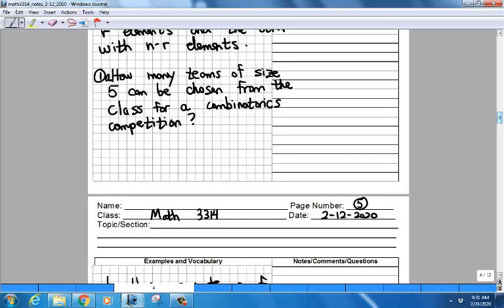How many teams of size 5 can be chosen from our class for a combinatorics competition? If you select a 5-member team from the class, that obviously is just a subset of the class, of size 5. And how many subsets of size 5 can we build from the class?